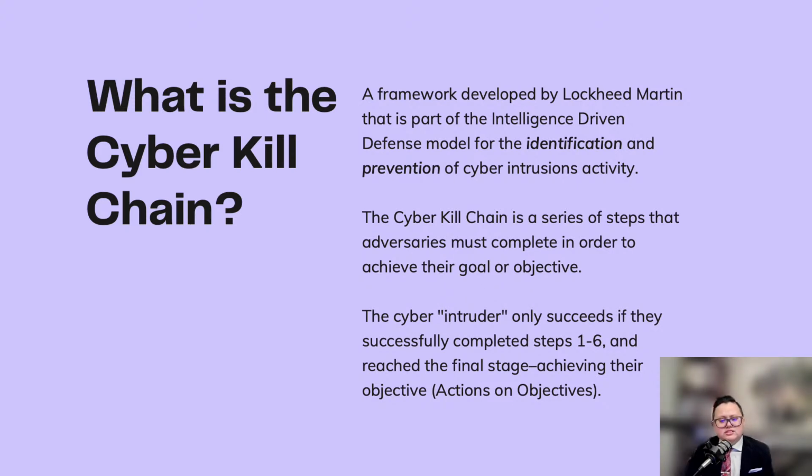And in the cyber kill chain, there are 7 steps. And a cyber intruder only succeeds if they successfully complete steps 1 through 6 before reaching the final stage, which is the 7th step, and that is achieving their objective, also known as actions on objectives or exfiltration in other cases. And the cyber kill chain is what I consider the OG framework, or original gangster, that predates the MITRE ATT&CK framework by a few years.